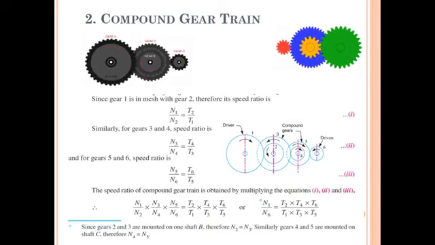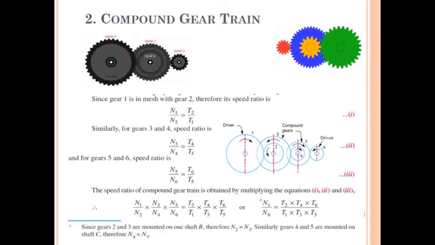I will repeat this sentence once again. Whenever the distance between the driver and driven, that is gear A and gear D, has to be bridged by intermediate gears, as well as if we want to increase a large amount of speed ratio, then the advantage of intermediate gear is intensified by providing compound gears, isn't it?